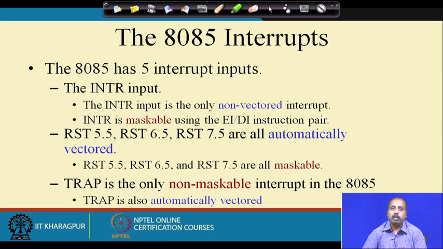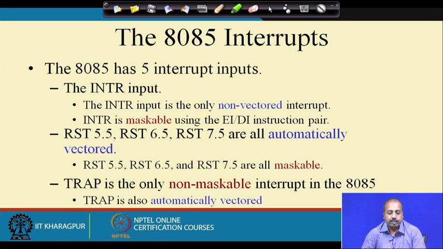So, INTR is non-vectored, and another feature is that it is maskable. The EI and DI instructions can be used for enabling and disabling interrupts.